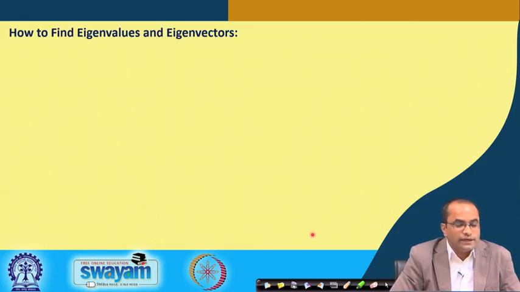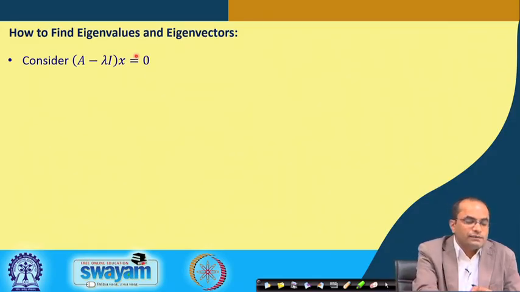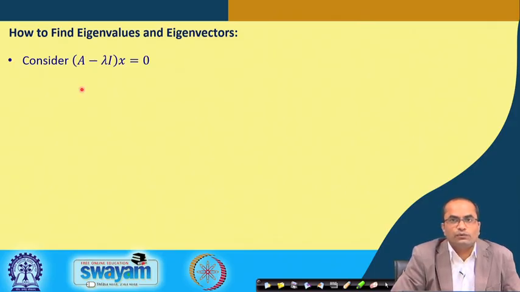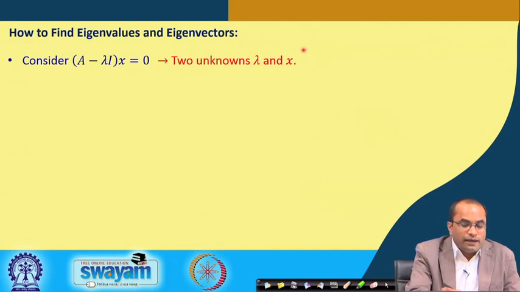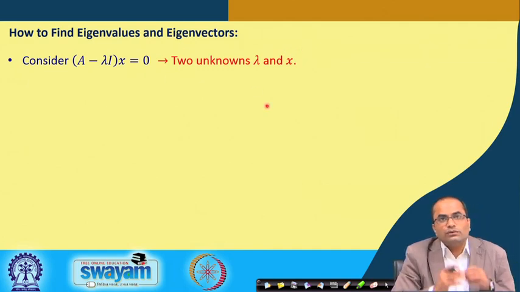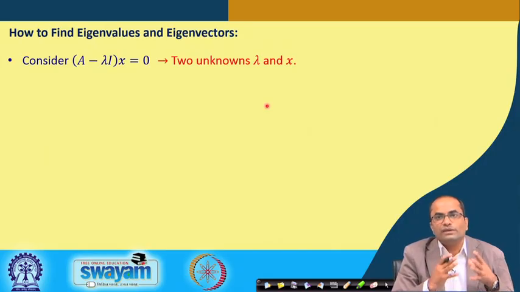So, how to find the eigenvalues and eigenvectors we will discuss now. Consider this equation A minus lambda I x is equal to 0, that is, A x is equal to lambda x written in this form. There are two unknowns here: lambda, which we need to compute, and also x.